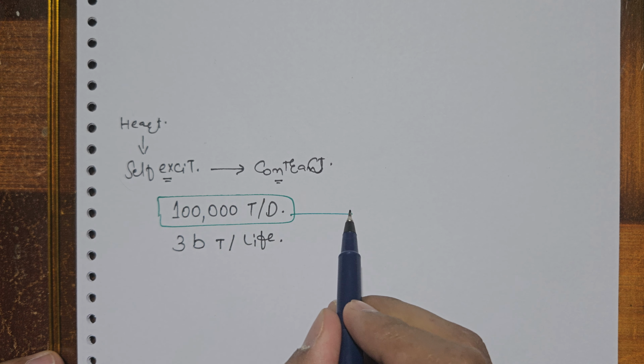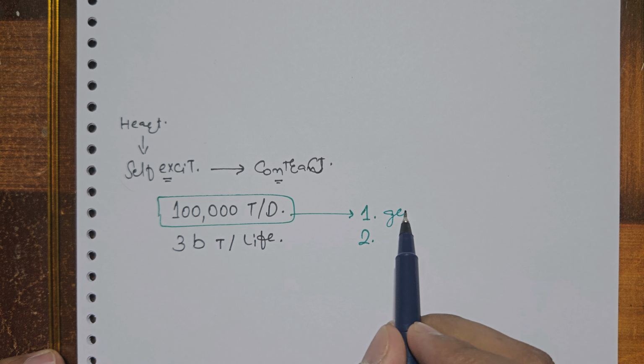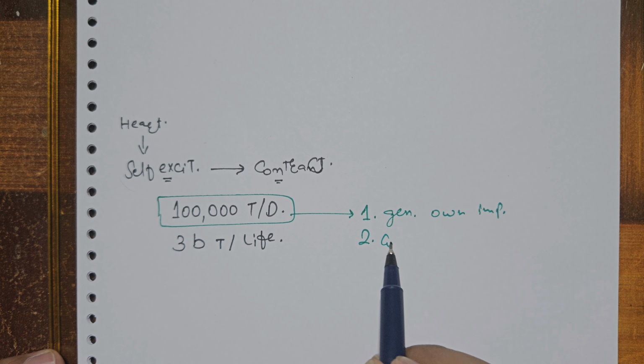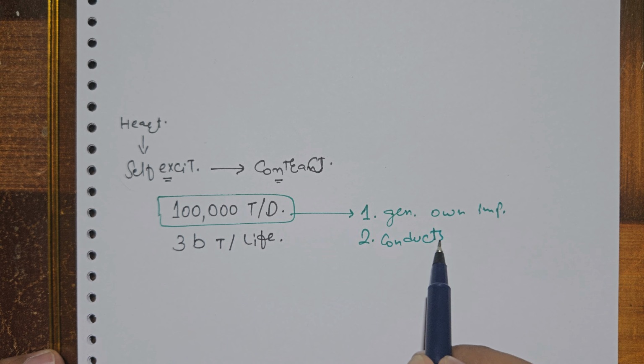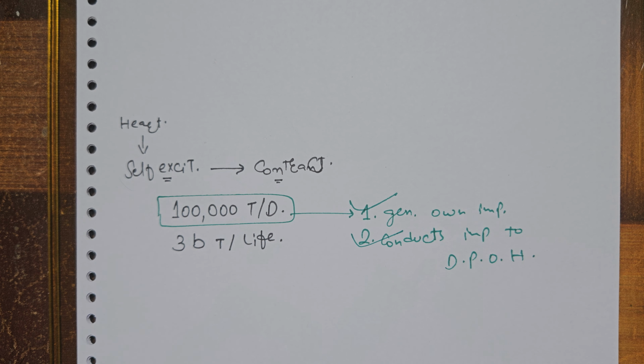It is because of two functions of the heart. A heart generates its own impulses and it conducts these impulses to different parts of the heart. Because of these two functions, a heart can excite 100,000 times each day, and that's a huge number.